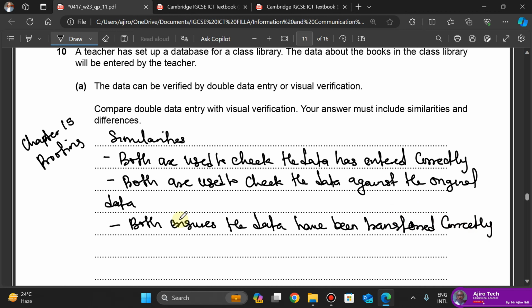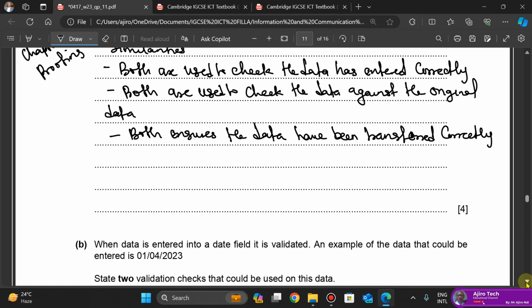Let's look at differences. I have just one difference. This is how we do it here. For difference, we talk about visual check first.